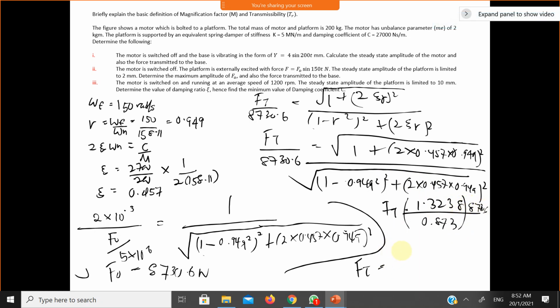So FT sama dengan 1.3238 darab 8730.6 bahagi 0.873. 13238 Newton. Betul tak jawapan dia? 1323, lebih kurang lah. Alright, 13237.98. Alright, so that is our FT lah.